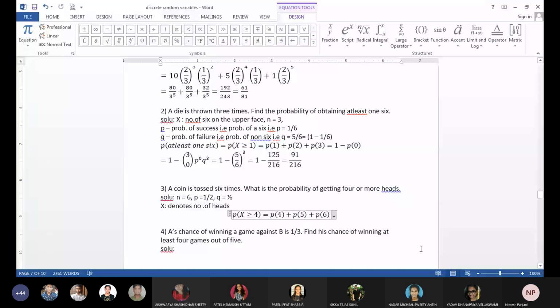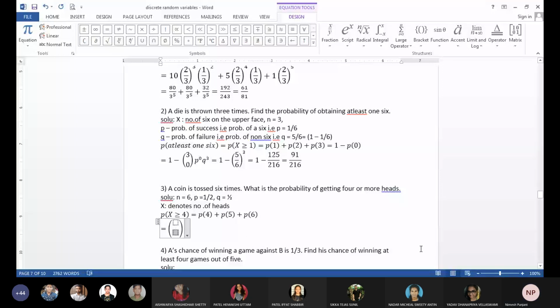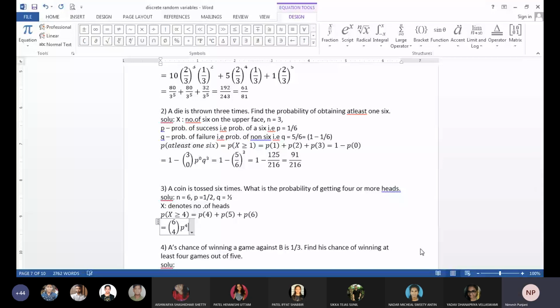Right? So now calculate using the formula. What is your n? n is 6. So 6C4 p raised to 4 into q raised to 2. Correct? 6C4 p raised to 4 into q raised to 2.